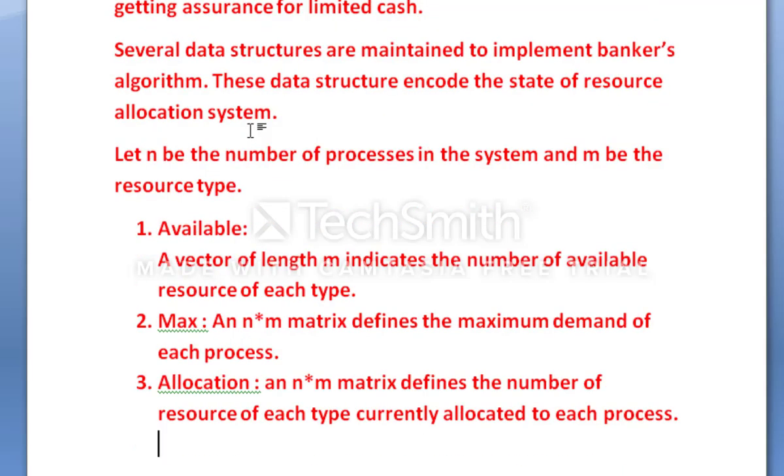So Allocation indicates how many resources of each type are currently allocated to each process, right? Suppose process P1 required 2 resources like 2 printers, and 2 printers were free, and we allocated them to process P1. So allocation of process P1 equals 2 printers.